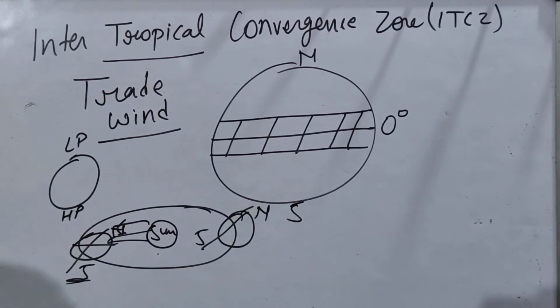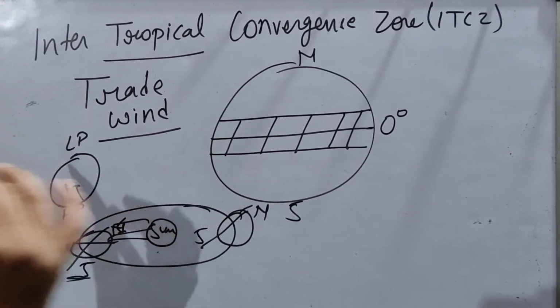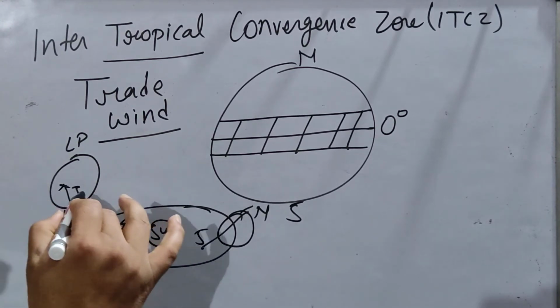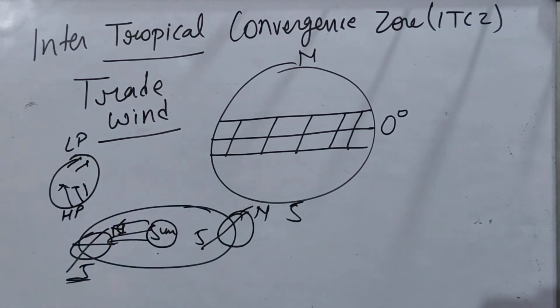Because of that, we have high pressure in the southern hemisphere or South Pole, and we have low pressure in the northern hemisphere or North Pole. And as you know, the wind always moves from high pressure to low pressure. Let me explain with an example how the direction of the wind changes in the northern hemisphere or in the southern hemisphere.